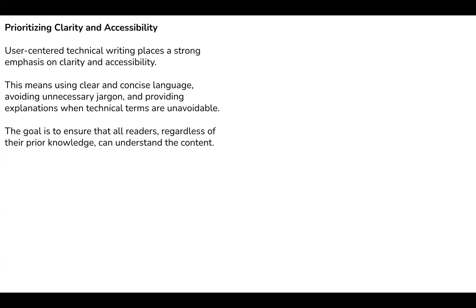So when you prioritize clarity and accessibility by using a user-centered approach, you know that you are writing for Femi at every point in time. Anytime you look at Femi's persona, you know that Femi does not understand these things, so you automatically need to simplify the concept or whatever you're trying to get across to him.